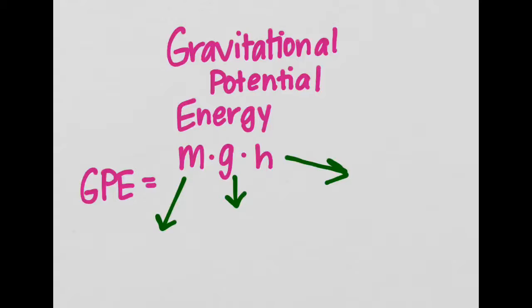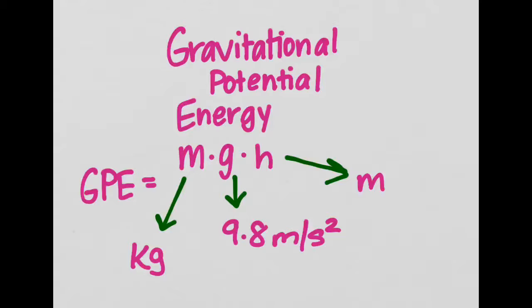Since we use SI units for everything in chemistry, mass of our object is going to be in kilograms, height of our object is always going to be in meters, and the force of gravity is 9.8, and then the unit on that is meters per second squared. It's important to remember that this 9.8 is a constant. The force of gravitational energy from the Earth is constant or near constant for the entire planet.